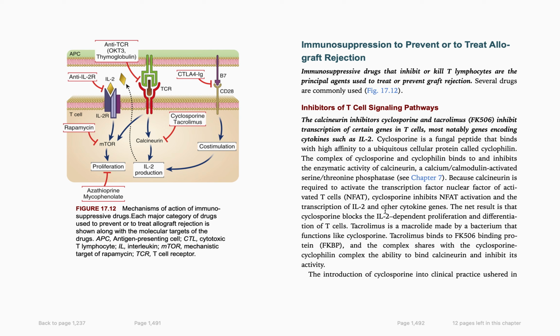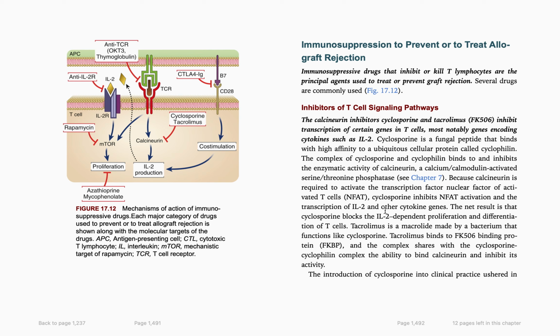Cyclosporin is a fungal peptide that binds with high affinity to a ubiquitous cellular protein called cyclophilin. The complex of cyclosporin and cyclophilin binds to and inhibits the enzymatic activity of calcineurin. Calcineurin is a calmodulin-activated serine threonine phosphatase, which we have seen already in chapter 7.